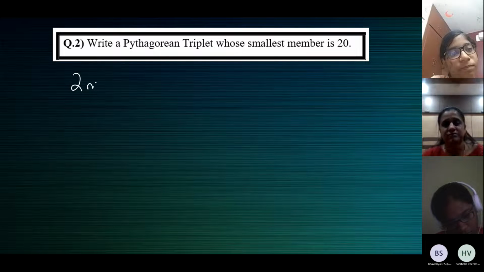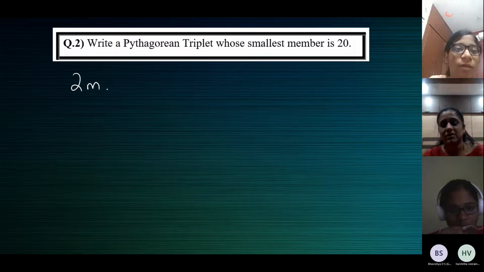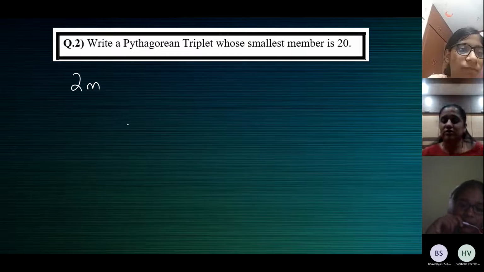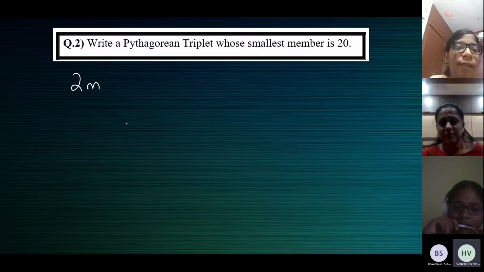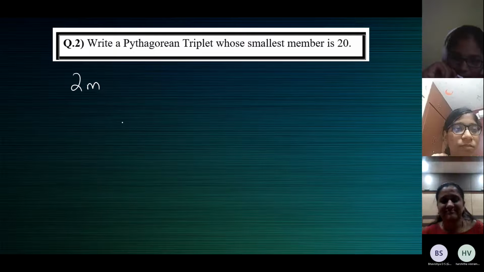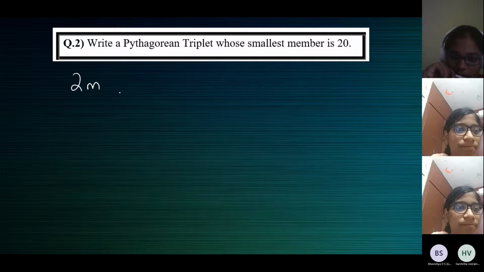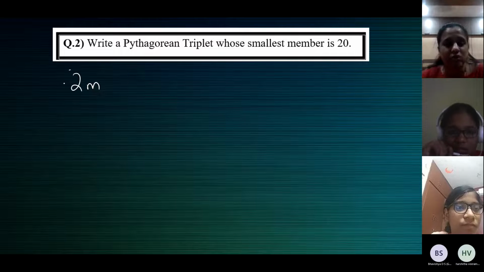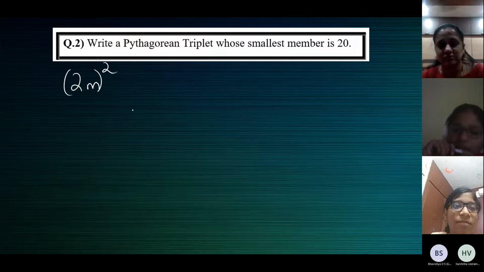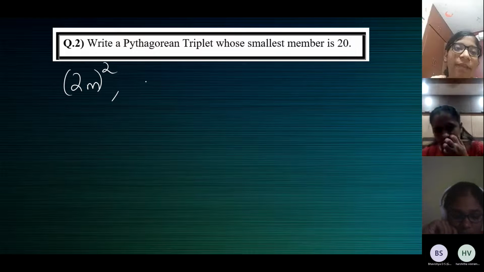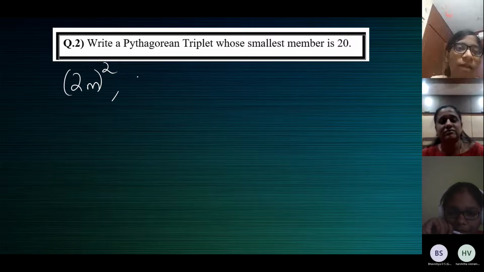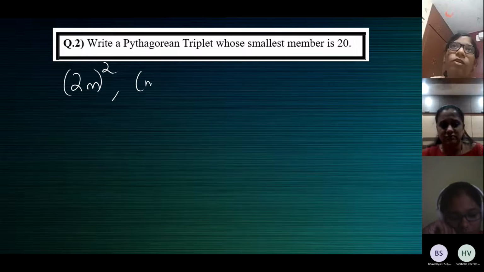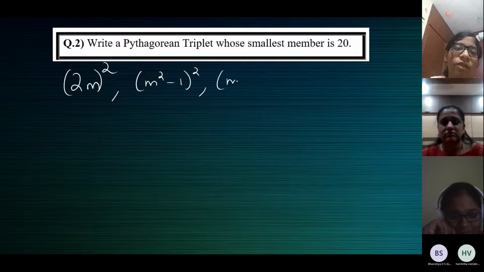Just 2m. I don't want to misinterpret what Swati is saying. Swati, is it 2m the whole square? I said that only. I wrote it plainly. Then next, m square minus 1 the whole square. And then m square plus 1 the whole square.